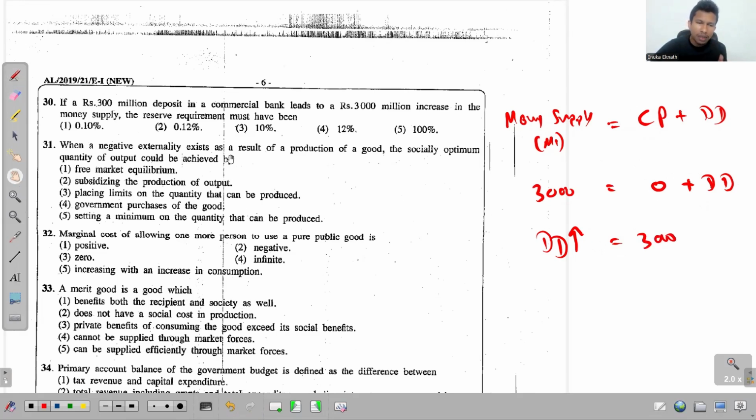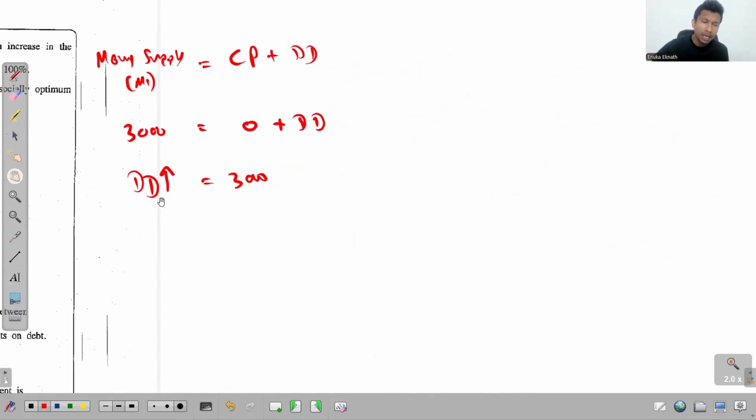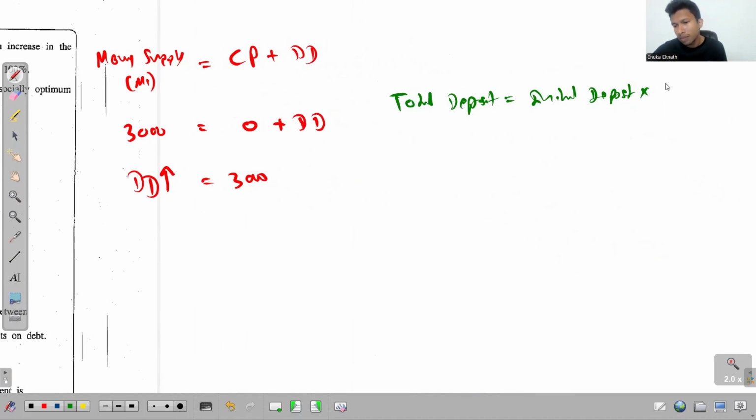If you remember question 28, how did I calculate that total increase in demand deposit? I just applied a simple equation: total deposit equals initial deposit multiplied by deposit multiplier.